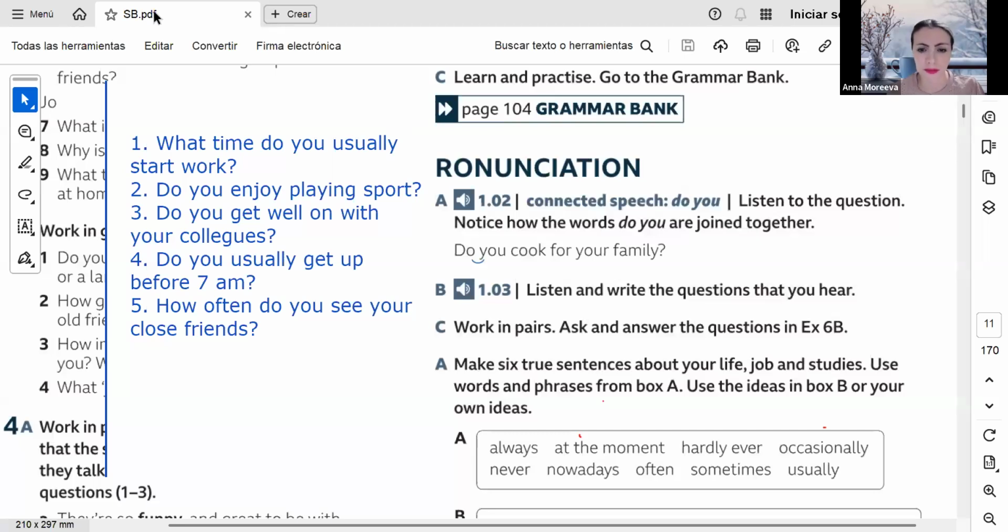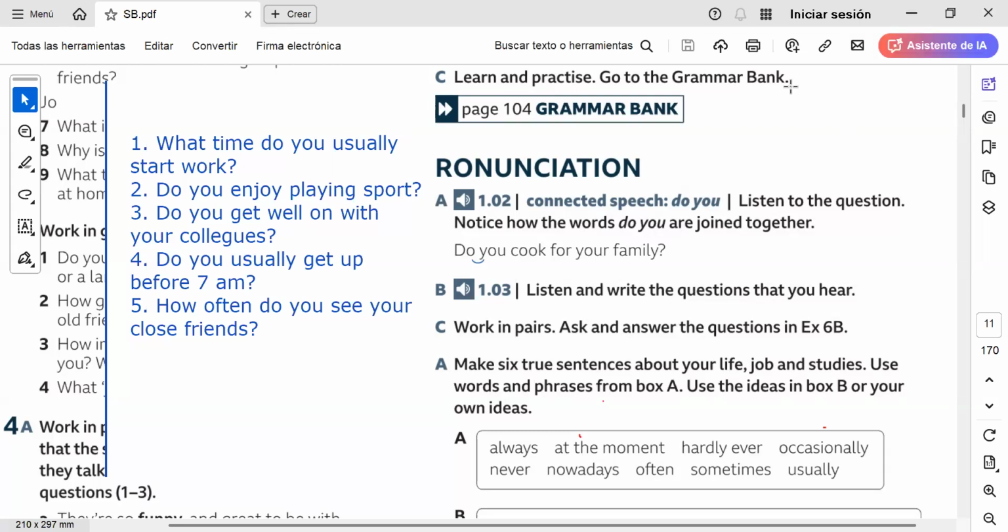Okay, so let's work in pairs, ask and answer these questions. Lily and Juan, please. Juan, what time do you usually start work? I usually start work at 8 o'clock. Do you enjoy playing sports? Yes, I usually play soccer.